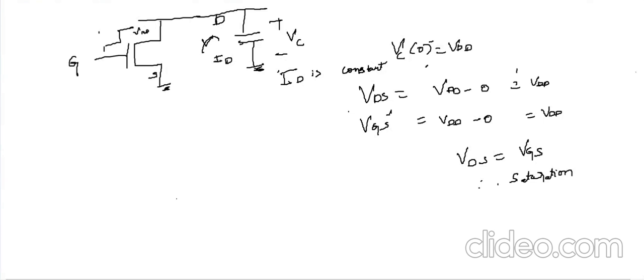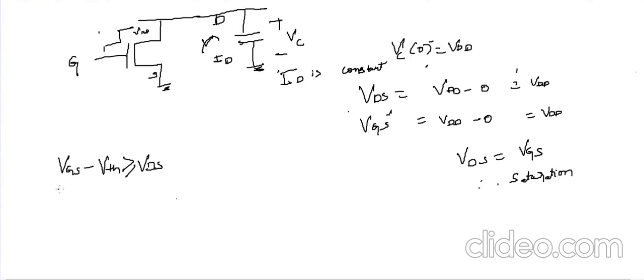So after that, in the nMOS equation, the condition for saturation is VGS minus VTH should be greater than or equal to VDS. This is the condition for saturation. The nMOS should be in saturation.